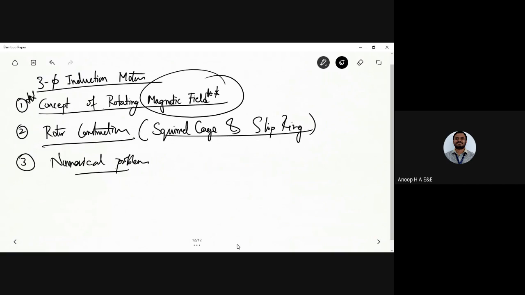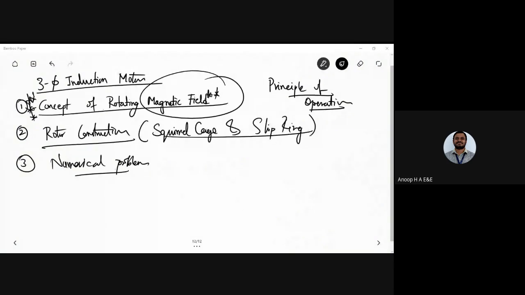And next we have got numerical problems, and generally if I take any machine, you will have the principle of operation of it, and it is also important. I will be highlighting most about the concept of rotating magnetic field, three-phase rotating fields that are developed due to the stator currents, and then rotor construction, and then we'll be solving some simple numerical problems.